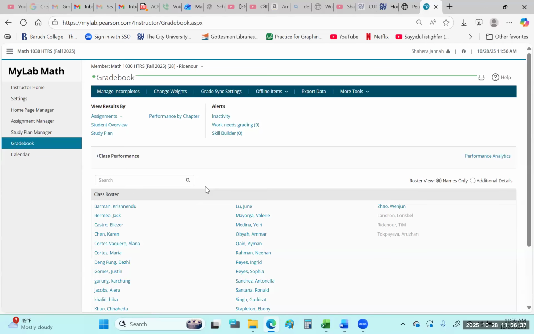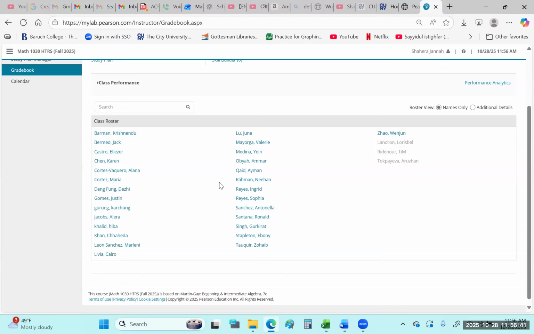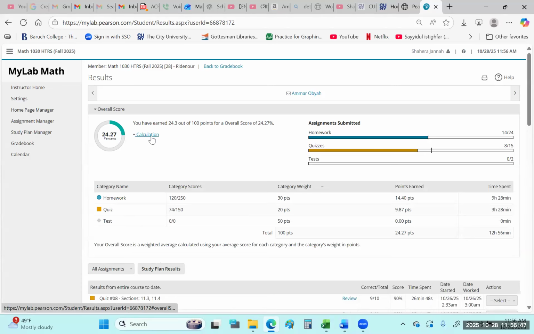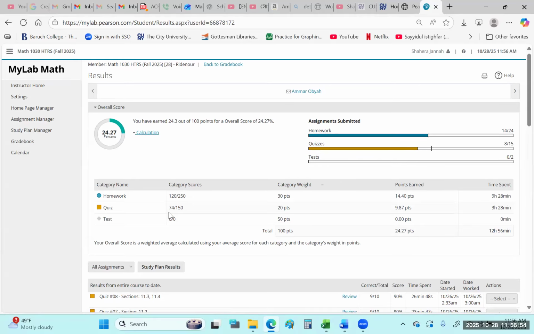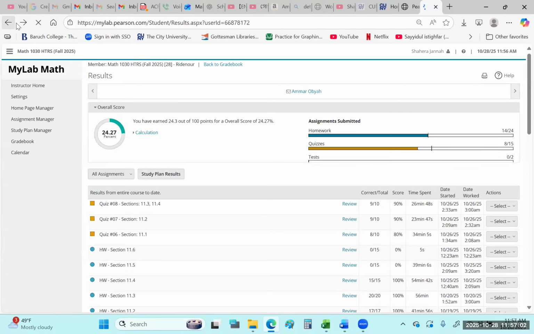Okay, so how do you see your points? I wanna see mine. So when you go here, you go to calculation. Currently we have 120 out of 250 and 75 out of 150. That's because we haven't done all the homework completion.